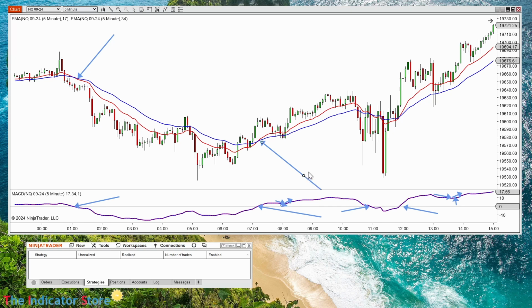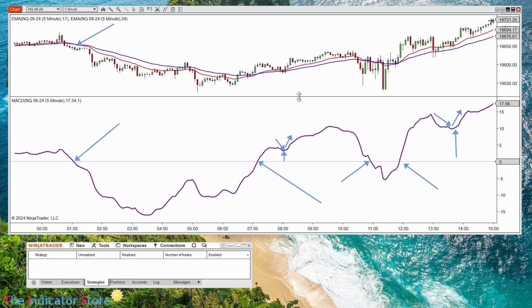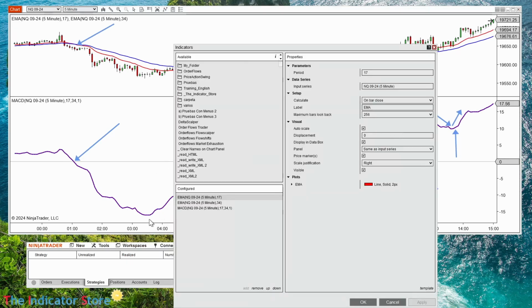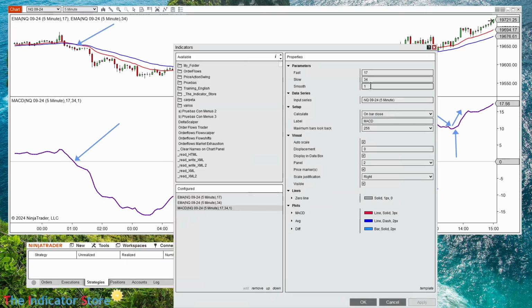But we can do even more with a MACD. Like, for example, let's use the smoothness. With a smoothness of 1, the MACD and the average are overlapped, okay? But let's use a smoothness of 10 bars.